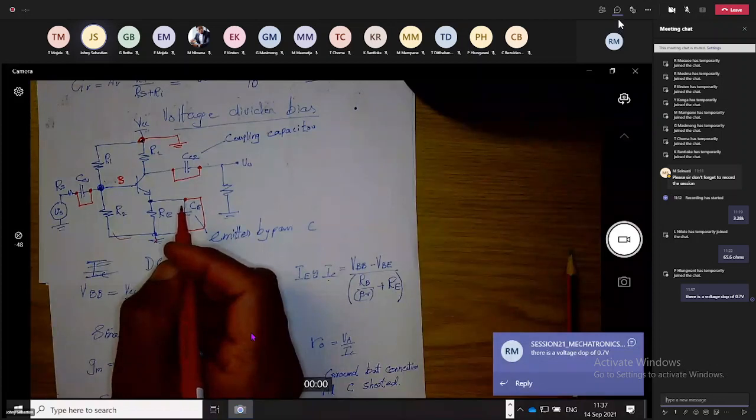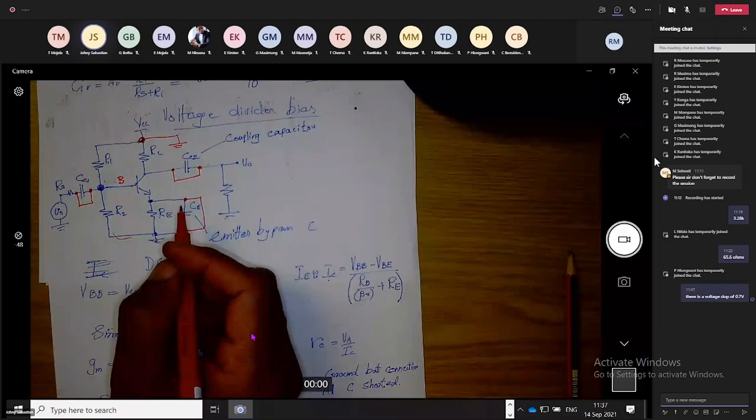I am talking about the small signal model. There is an input resistance looking at the base.